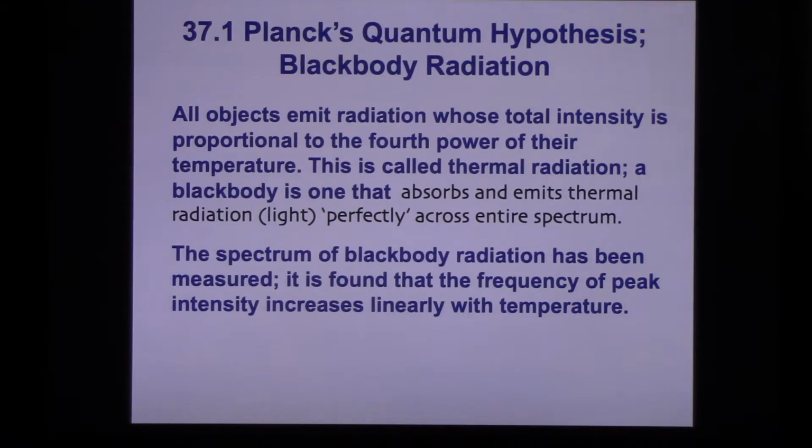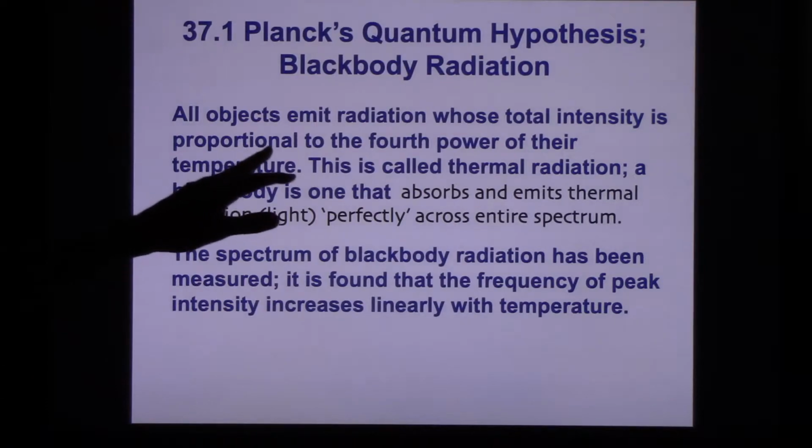But objects like planets, like Earth is radiating too, but the light coming off the Earth is in the infrared. So in the infrared part of the spectrum, that doesn't show up so that our eyes can see it, but if you had night vision goggles, then you would see everything lit up surrounding us with infrared.